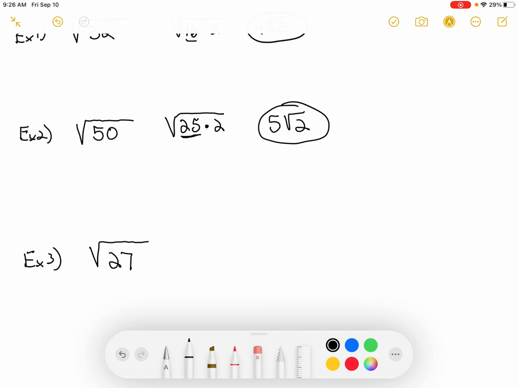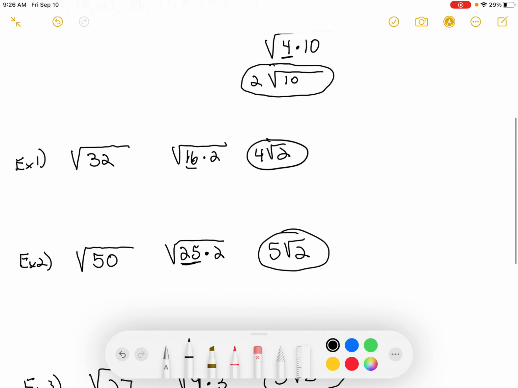The largest perfect square that goes into 27 is 9. So 9 times 3. Take the square root of 9. That's 3. Root 3. Okay. This is how you simplify a radical.